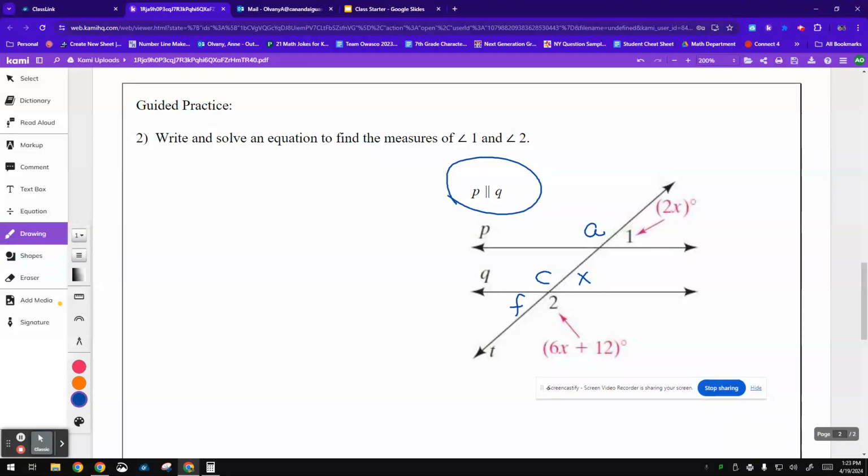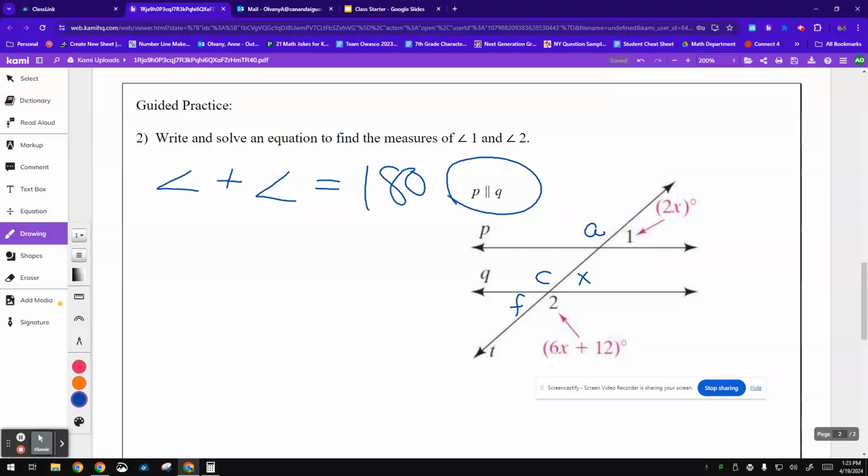And so A and 1 are supplementary, which means 2 and 1 are supplementary. That was true. So these two angles add up to 180. Those particular two angles do not have a name. We just use what Evie or Sarah just said.